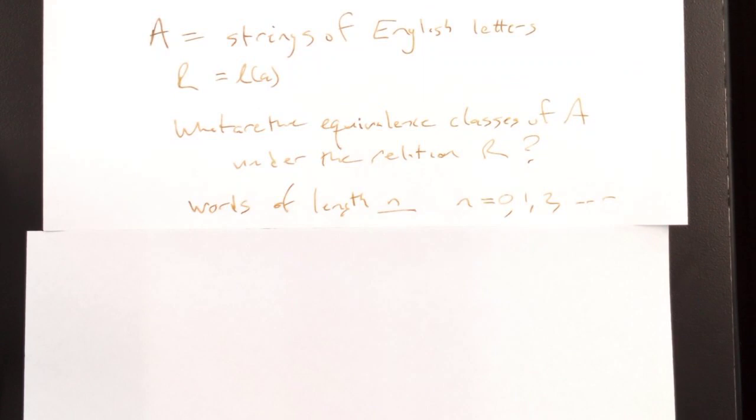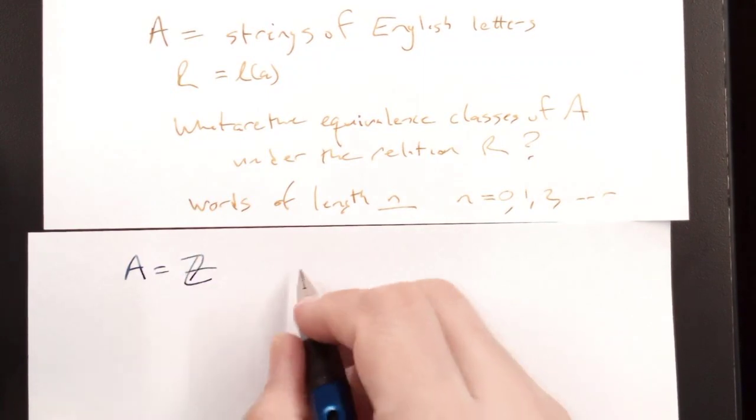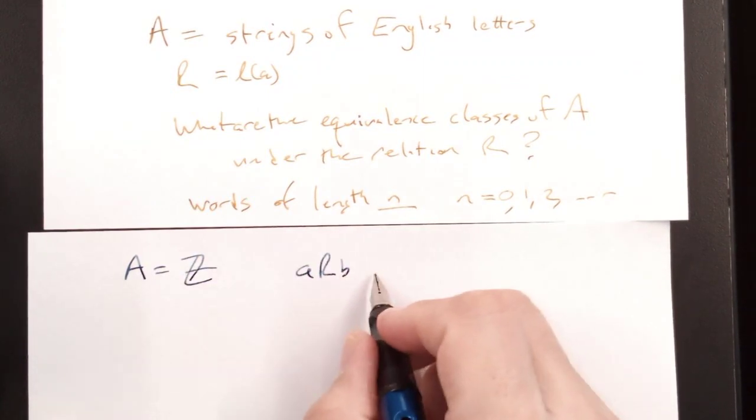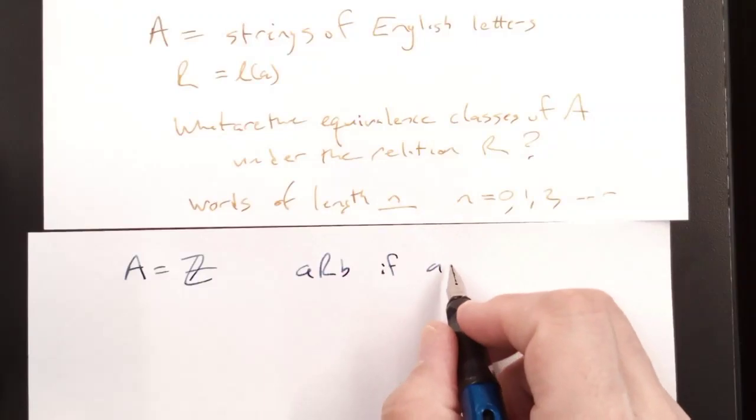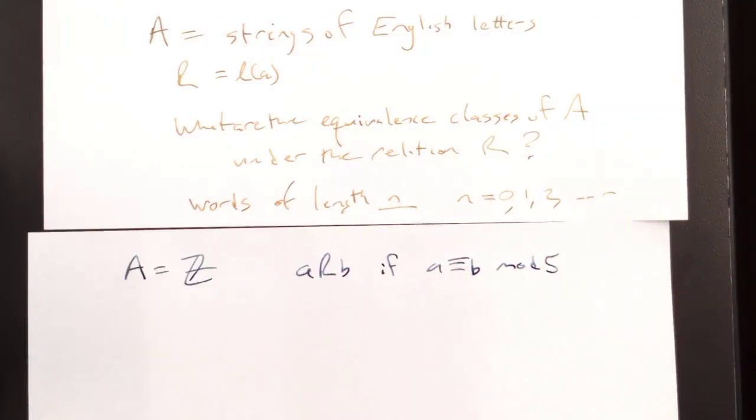Somebody pick for me a positive integer bigger than 1. I'll go with 5. 2 is too small. So this is our mod m relation, but we just picked m to be 5. How would you describe the equivalence classes?